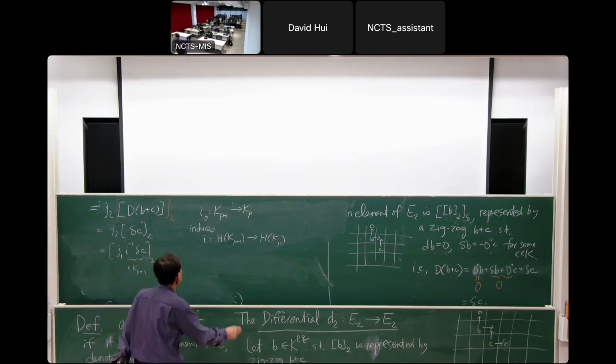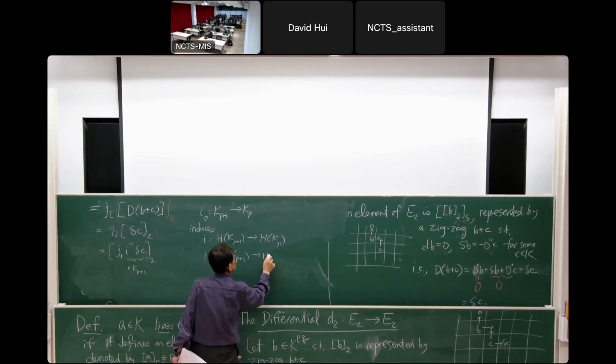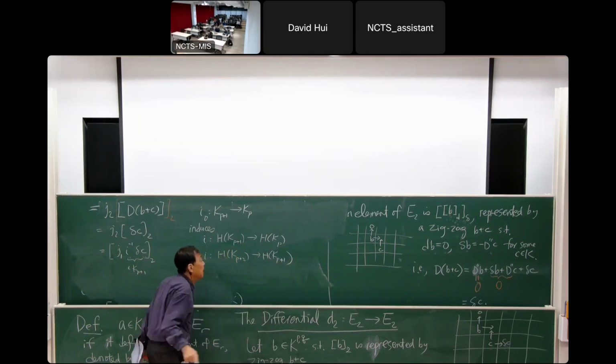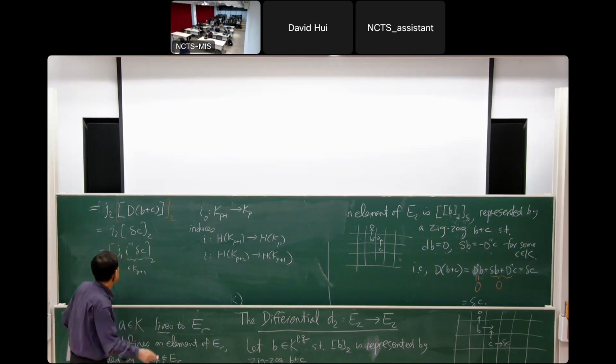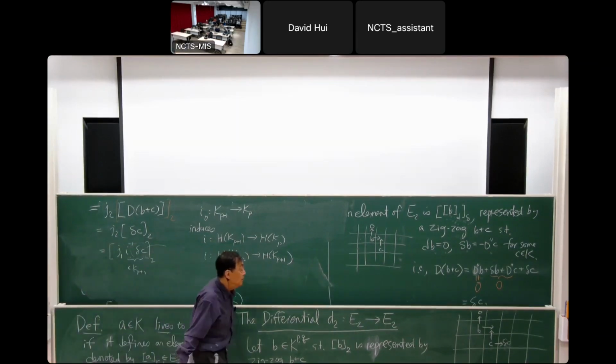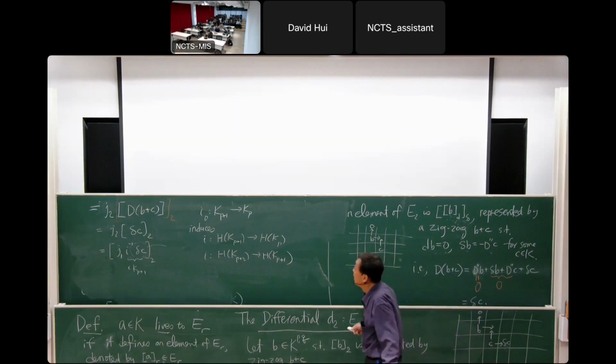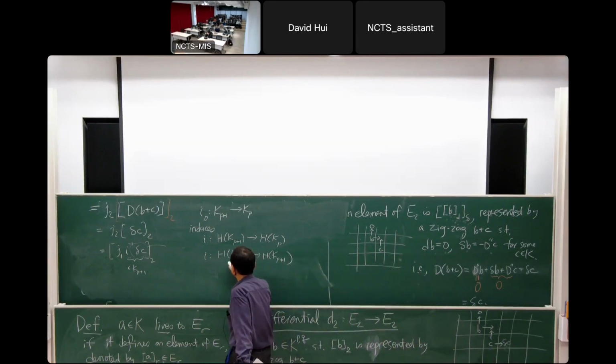This is an arbitrary P, so it maps K^{P+2} into K^{P+1}. And this delta C is in K^{P+2}.